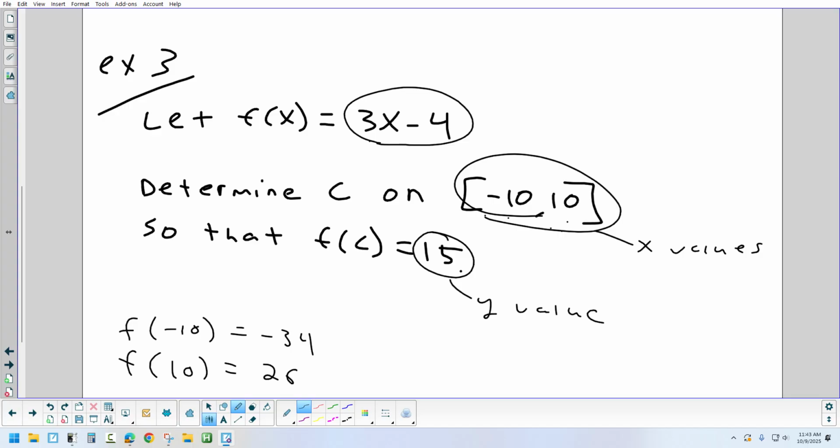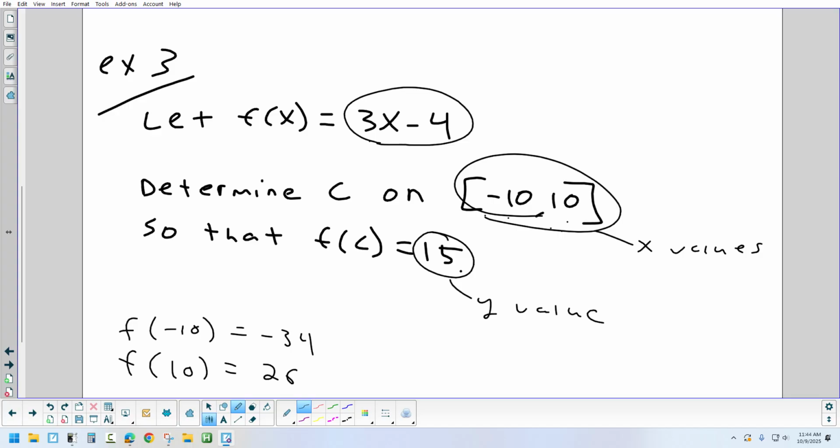Because if it's a continuous thing from -34 to 26, 15 is between -34 and 26. 15 is an intermediate value between two numbers that we're traveling between continuously. That's the important thing to understand.